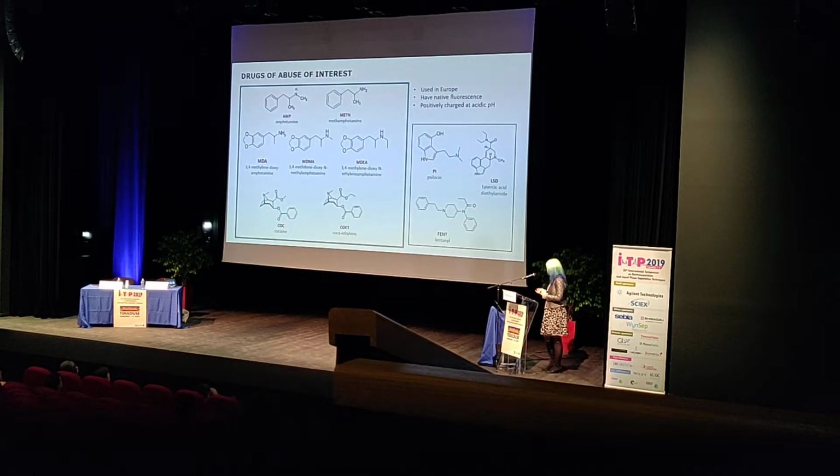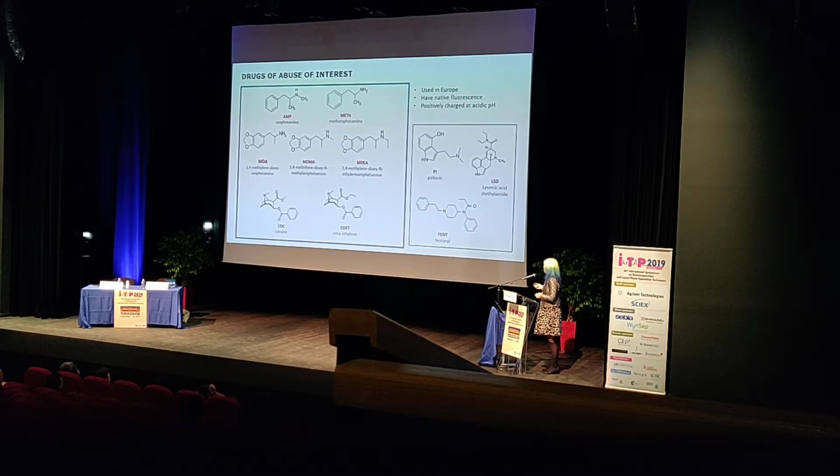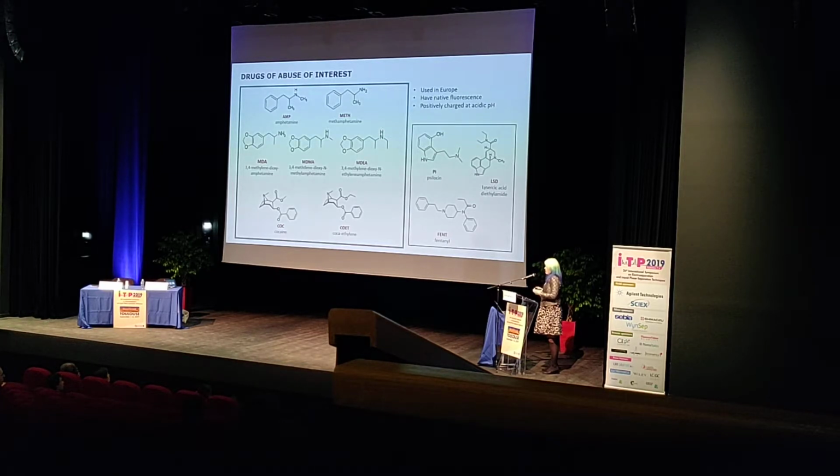So, the drugs of abuse of interest. We are mainly looking for the drugs that are mostly used in Europe: amphetamine, methamphetamine, MDA, MDMA, cocaine and cocaethylene. MDMA is also known as ecstasy, while MDA is a metabolite of MDMA, or it can be consumed on its own.